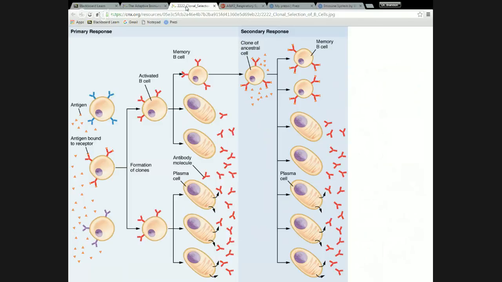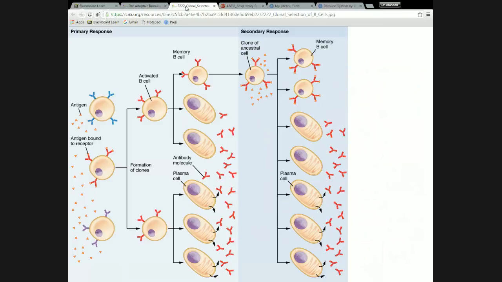When it binds to the red one, that causes this B cell to be activated. For the sake of this picture, they just jumped from binding to its antibody to activating and proliferating. But between those 2 steps, we already saw it gets sensitized, the helper T cell has to come into play, all that stuff.